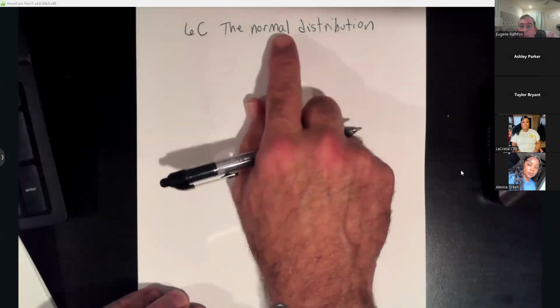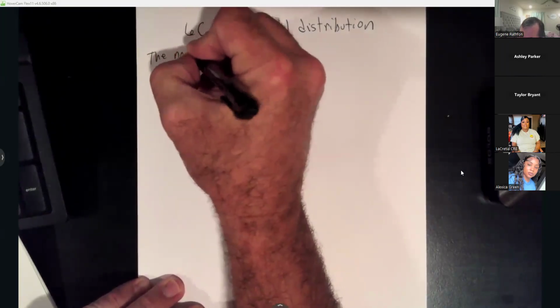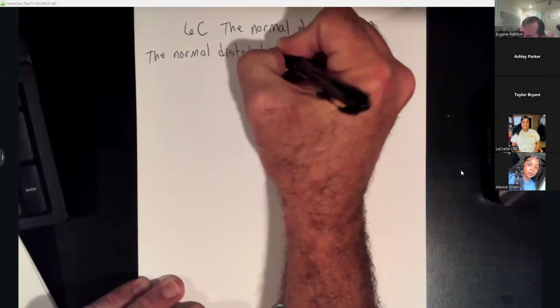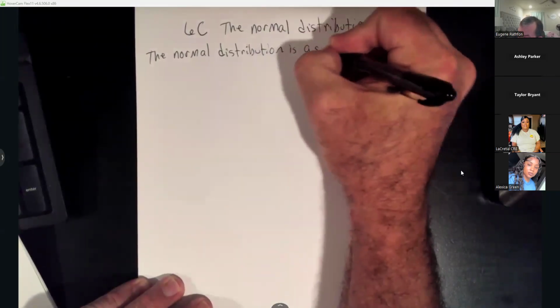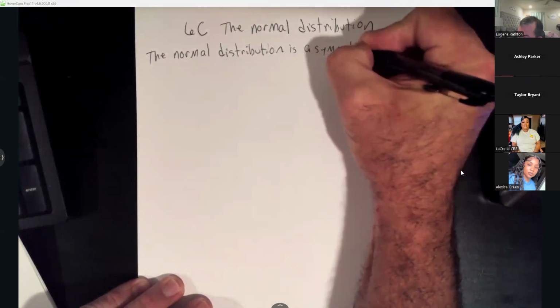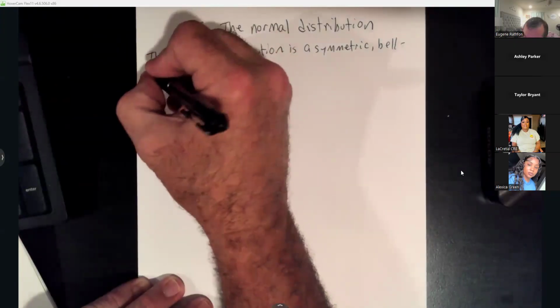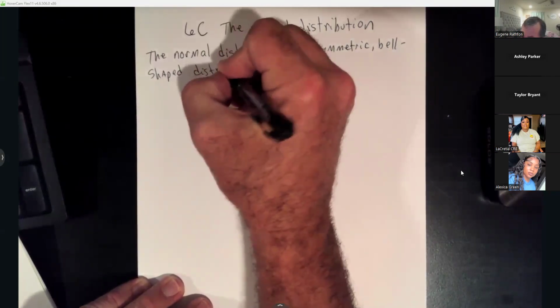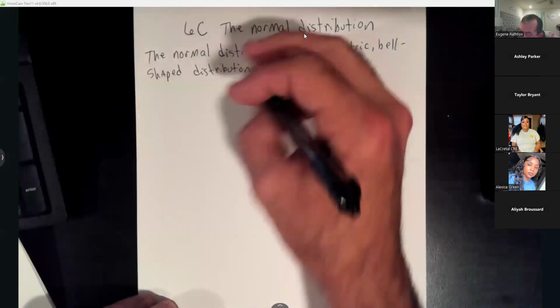All right, y'all. So, I'll begin by defining this. So, the normal distribution is a symmetric bell-shaped distribution with a single peak.